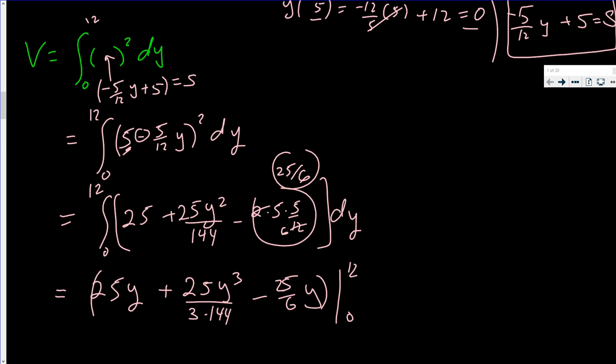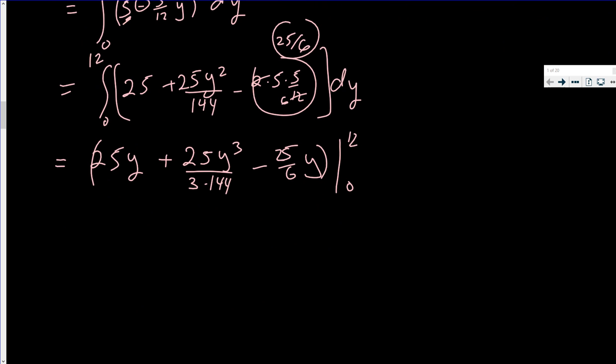Well, when you plug in 0, it's going to cancel out to 0. So I'm going to have 25 times 12 plus 25 times 12 cubed over 3 times 12 squared. 144 is 12 squared. So that cancels out, leaving just 12.